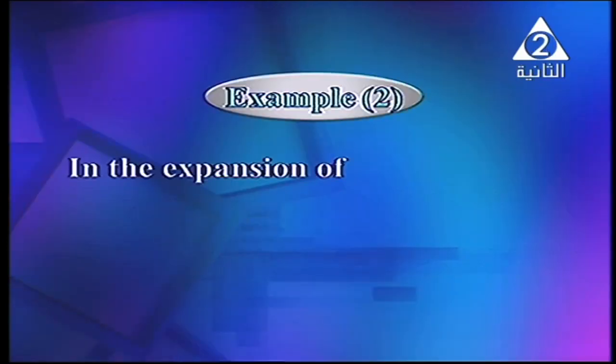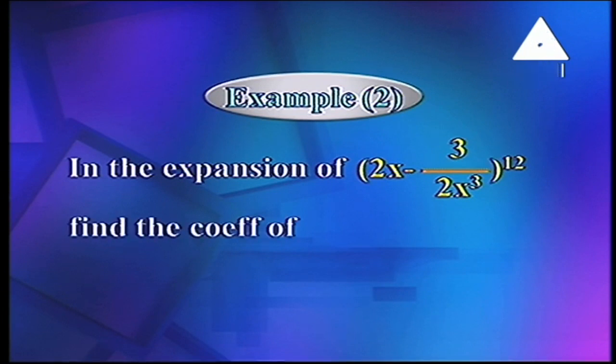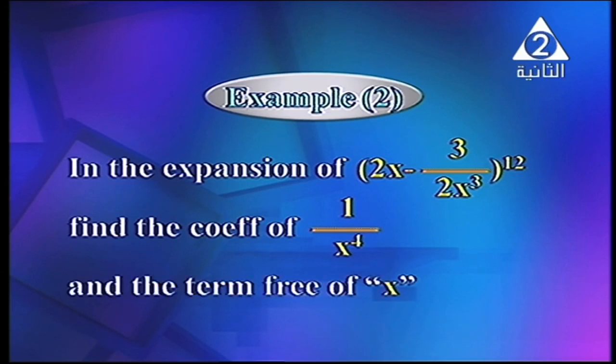Look at, my dear student, in the expansion of the bracket containing (2x minus 3 over 2x^3) to the power 12, find the coefficient of 1 over x to the power 4 and the term free of x.